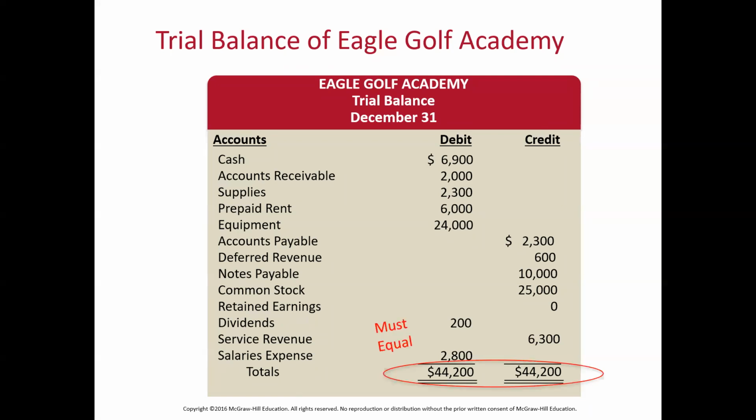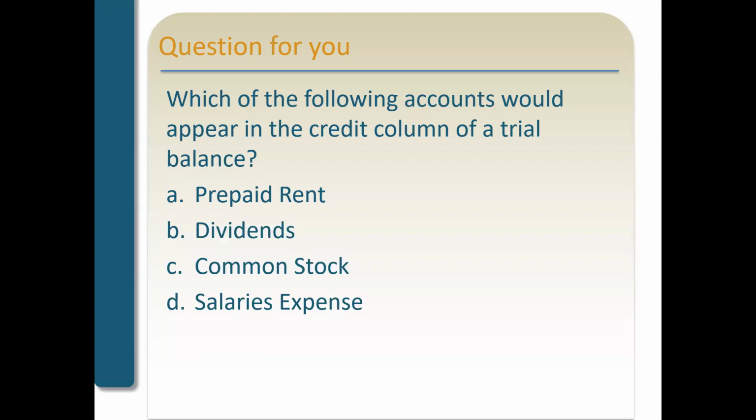They have to equal. Which of the following accounts would appear in the credit column of a trial balance? Any ideas? Would it be C? C, exactly.